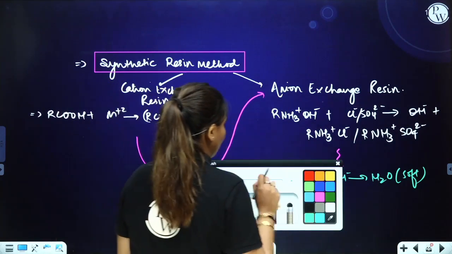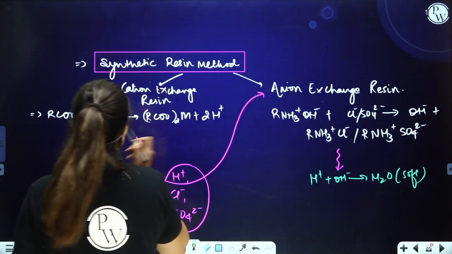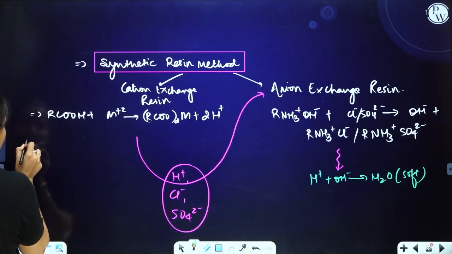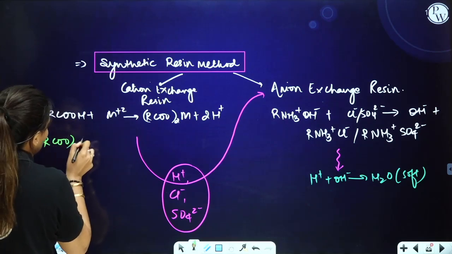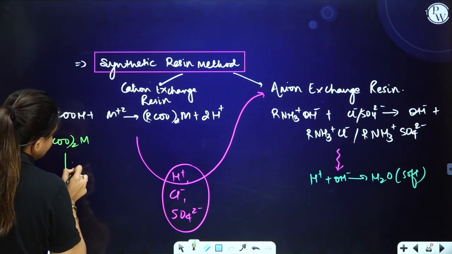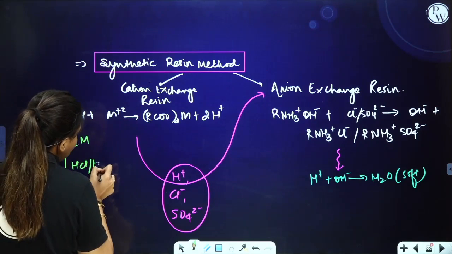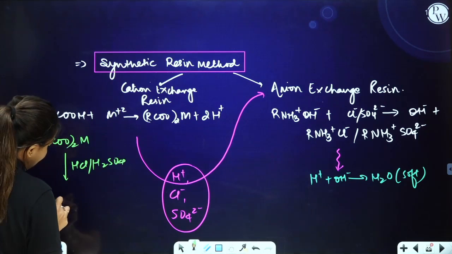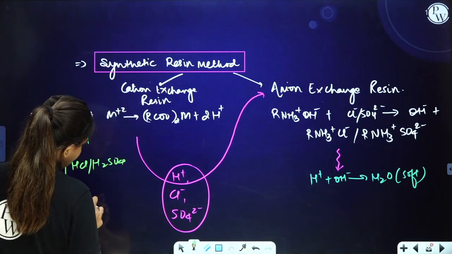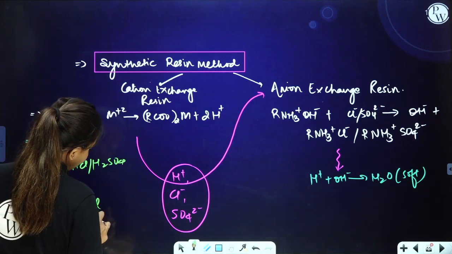Now if you want to reuse this respective resin, the cation exchange resin, what you do is react this RCOO whole twice M with an acid. Maybe HCl you can use, maybe H2SO4 you can use. So what they will do is create RCOOH plus maybe MCl or maybe MSO4.